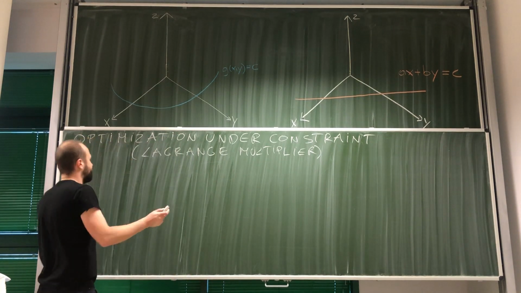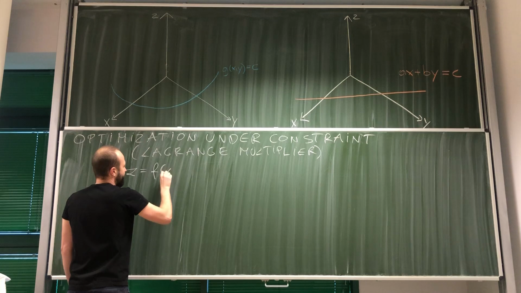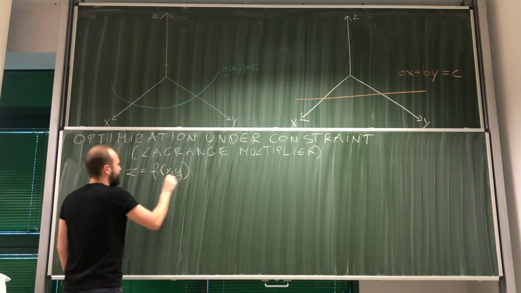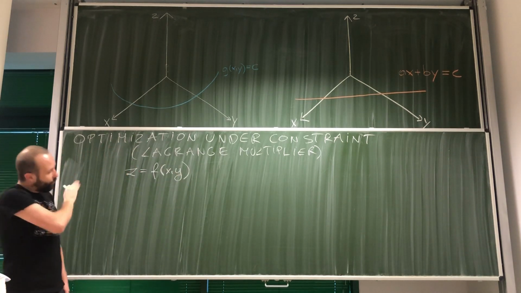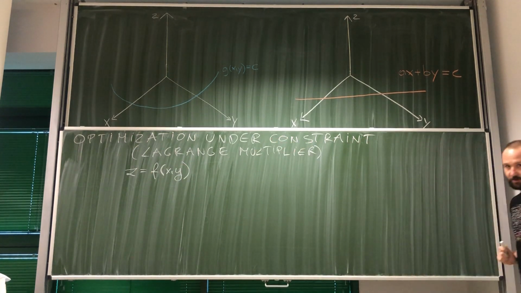So we will have some z equals f of x, y, but we will try also to find maximum or minimum of this function. But this time we're going to introduce a constraint.